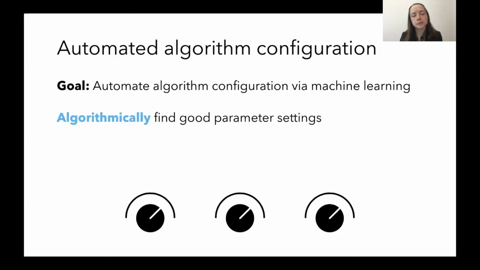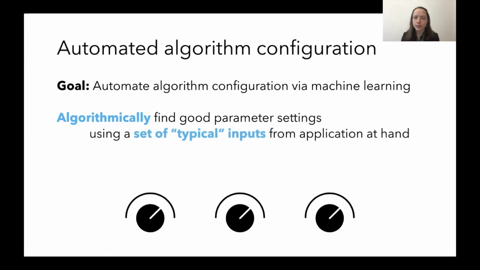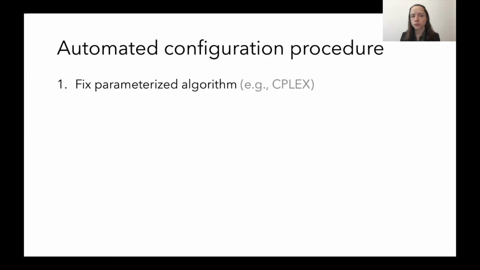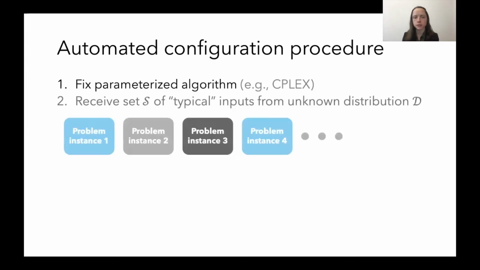So we want to be able to algorithmically find good parameter settings using a set of typical problem instances from the application domain at hand. And you can think of the set of typical problem instances as the training set. So at a really high level, this is what this automated algorithm configuration procedure would look like. First, we fix some parameterized algorithm, such as Cplex.